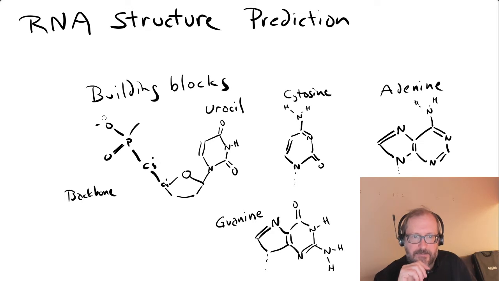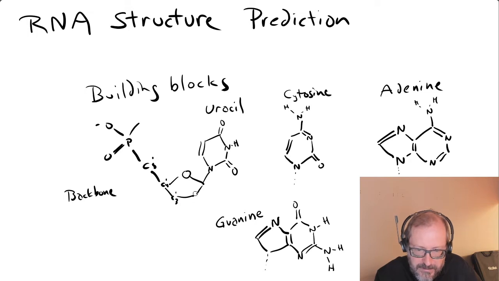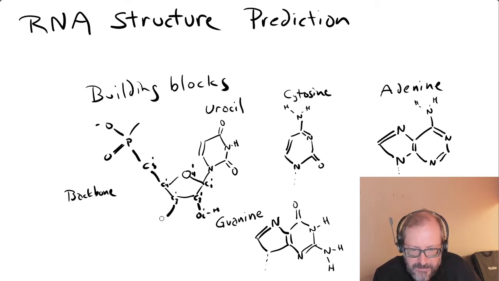Remember, it's got a charged backbone. One of these two oxygens carries a negative charge. Let's see, we've got a C3 prime, C2 prime, C1 prime, O4 prime. In the case of RNA, we have an O2 prime and an H. And over here we have an O3 prime and then a phosphorus.